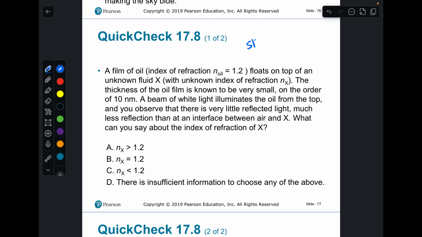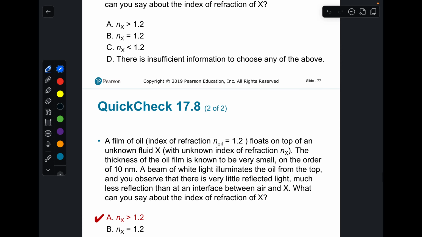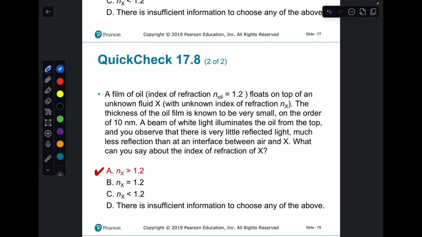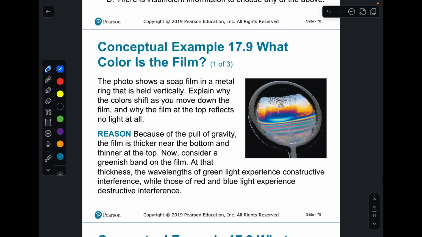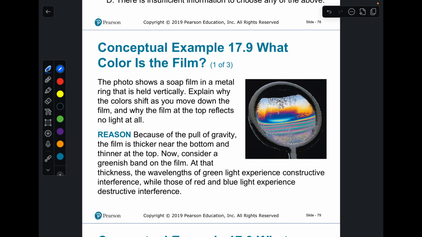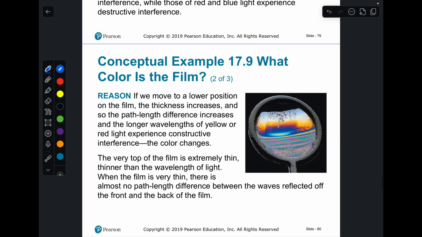We are going to skip this quick check problem. The following conceptual examples, I want you to read through them and have a good understanding of them.